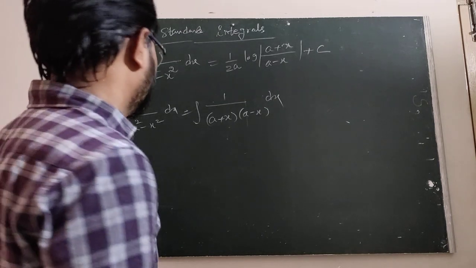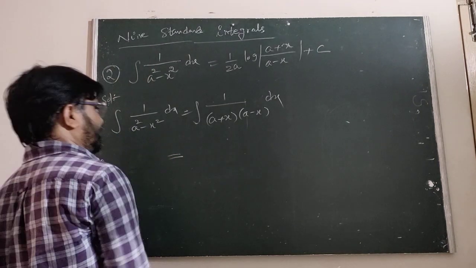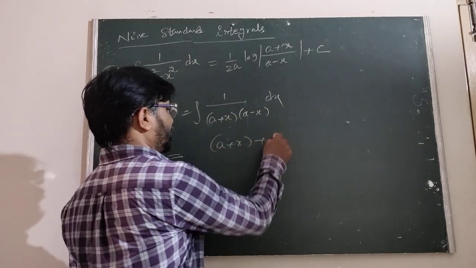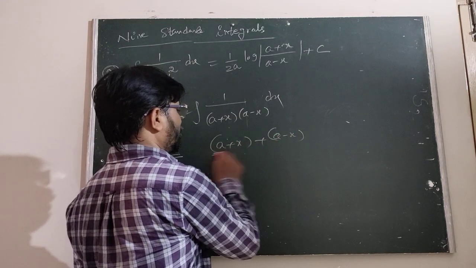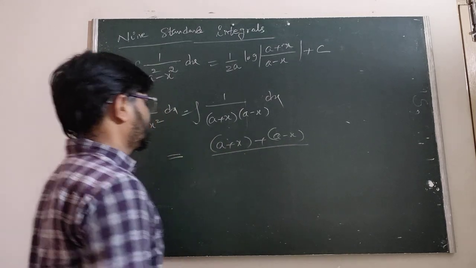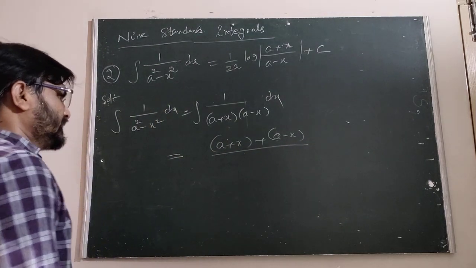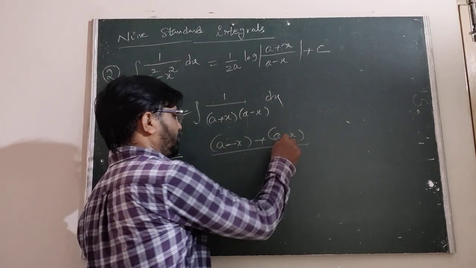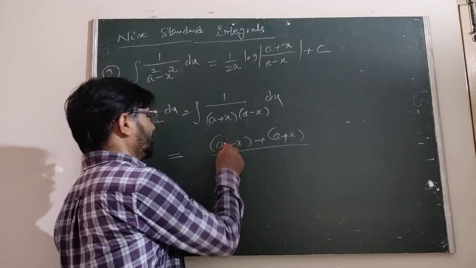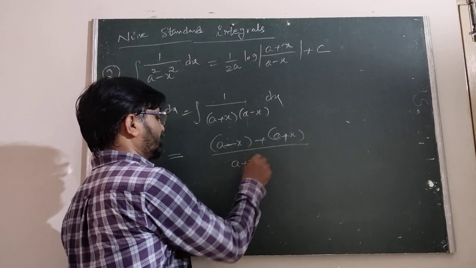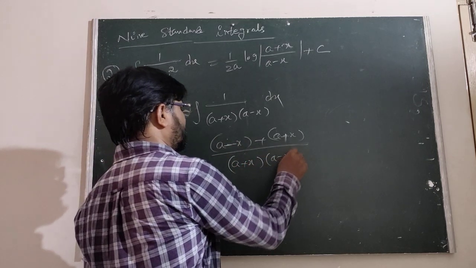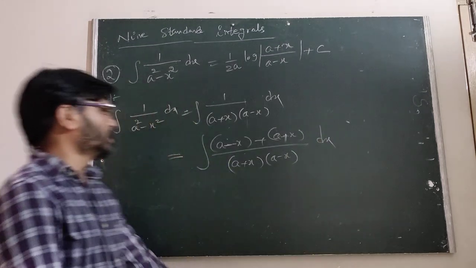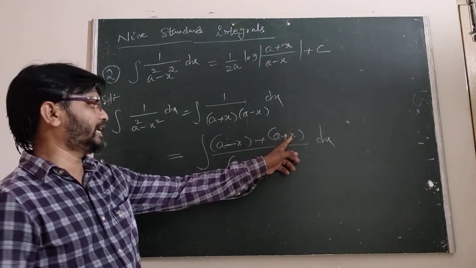Now we write the numerator as (a plus x) plus (a minus x), divided by (a plus x)(a minus x) dx. Minus x and plus x are cancelled.